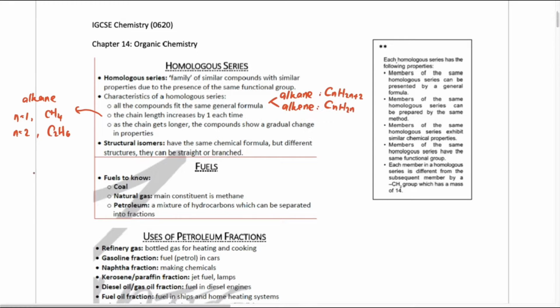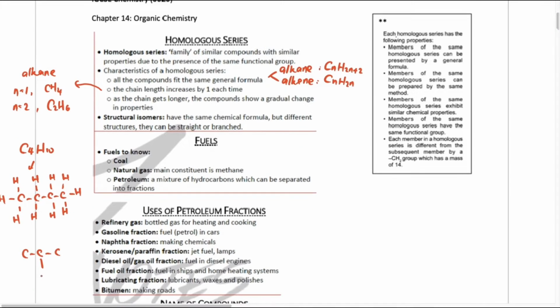Okay, so for example, let's say C4H10, it shows the structural formula. It can be C in a straight chain, then the rest are hydrogens, like this. This is one of the possible structures under C4H10. Besides this, it is possible to form CCC with a side chain in this particular position.